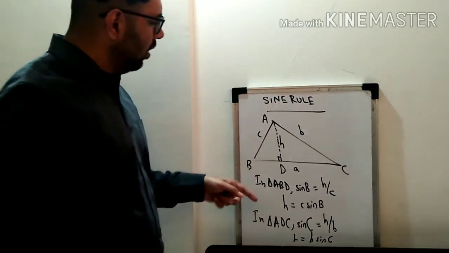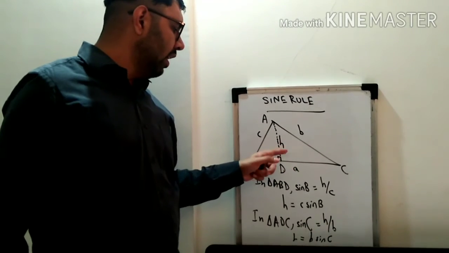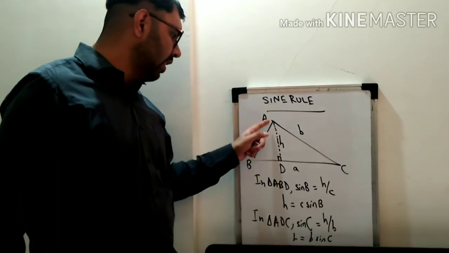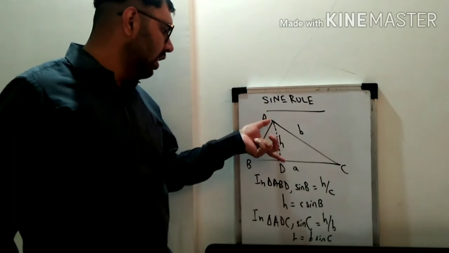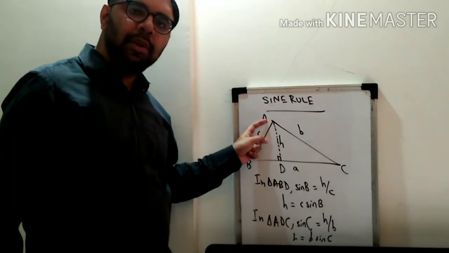In the first case I took this triangle and in the second case I took this triangle, but for both the triangles the height will remain the same, because this is the length of the line segment AD.